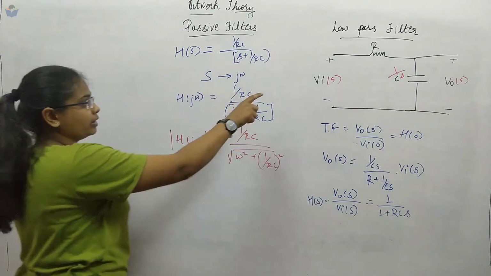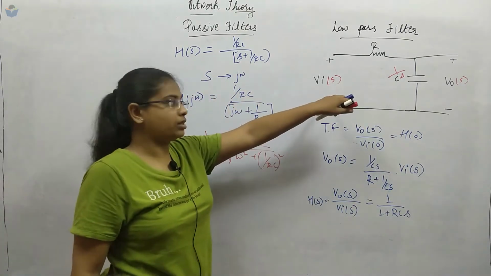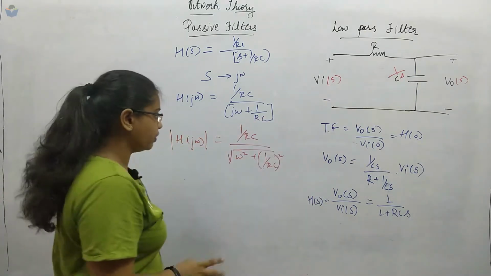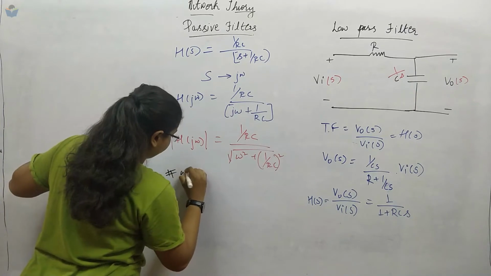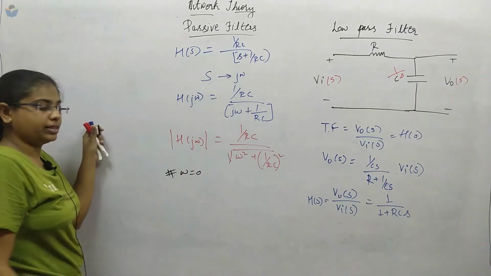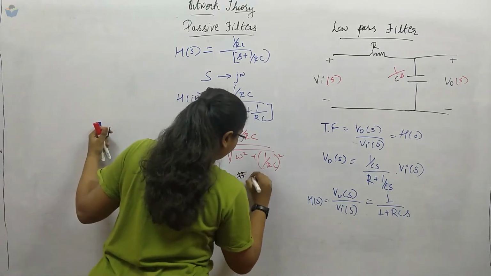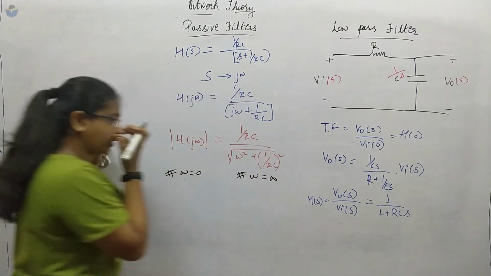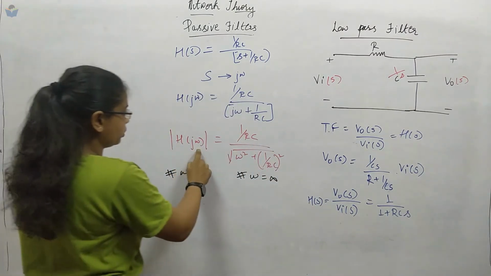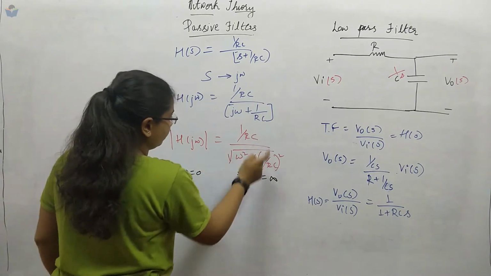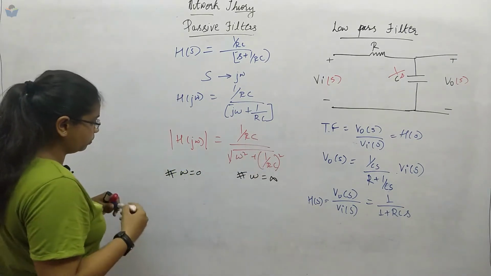Now to identify how it is a low pass filter, first we will take omega equal to 0, that is low frequency, and then omega equal to infinite, that is high frequency. Substituting omega equal to 0, you will get 1 by RC over 1 by RC, that is equal to 1.